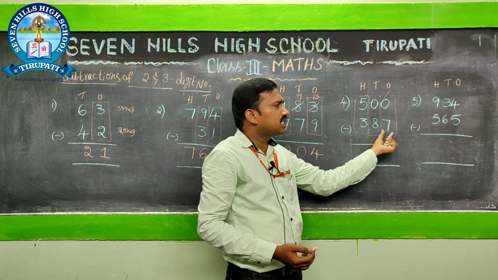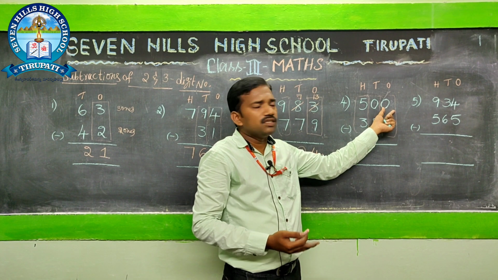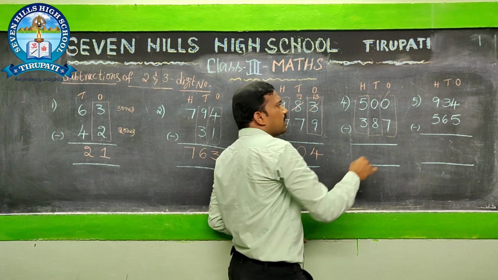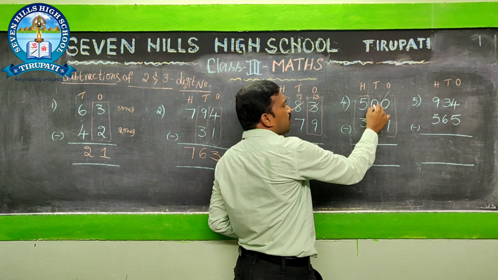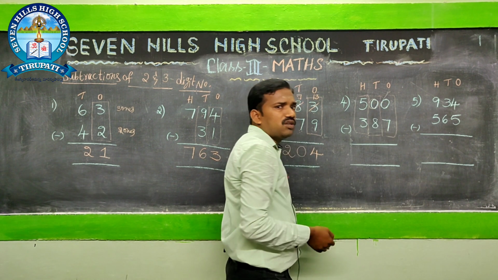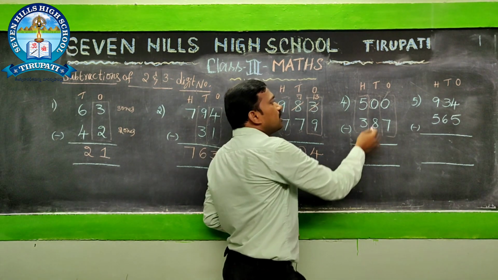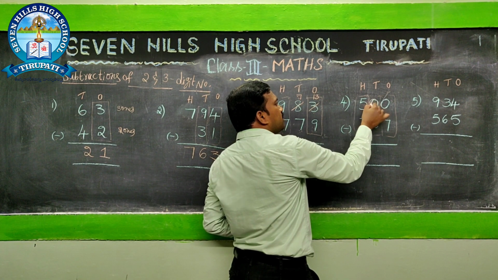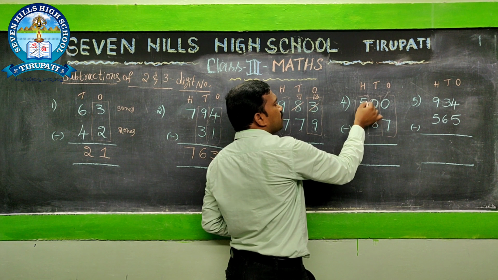We cannot subtract 7 from 0. So we want to take borrowing from the tens column. Here the tens column is also 0, nothing. So take borrowing from the hundreds column.